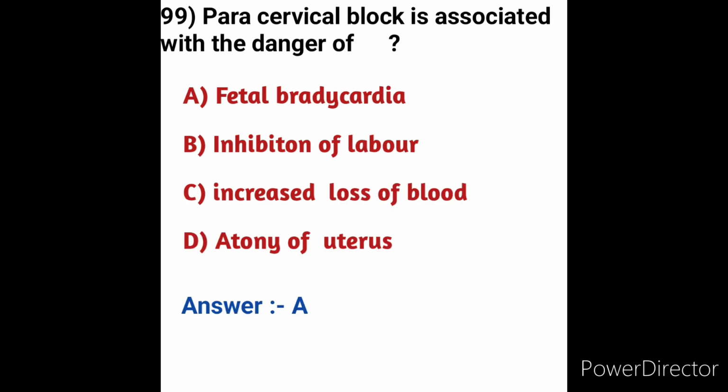Next, move on to question number 99. Paracervical block is associated with the danger of: option A, fetal bradycardia, option B, inhibition of labor, option C, increased loss of blood, and option D, atony of uterus. Current evidence suggests that the most likely reason for fetal bradycardia is reduction of uteroplacental perfusion due to uterine artery vasoconstriction.